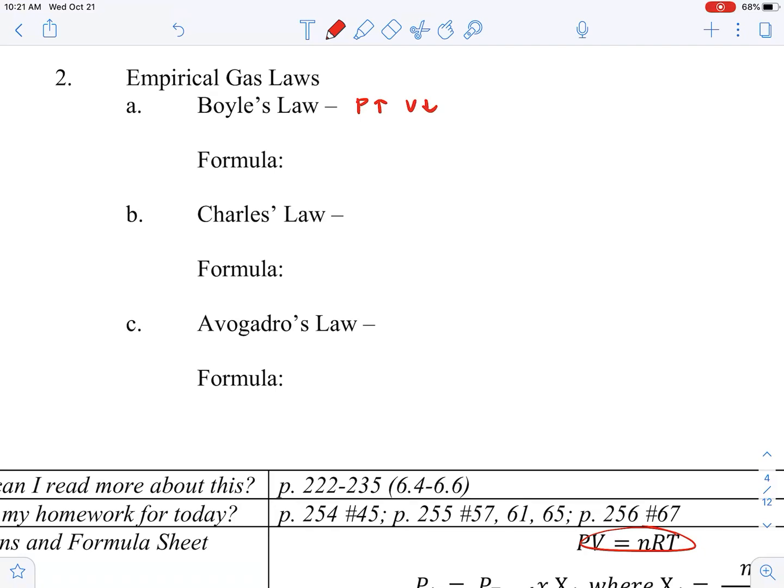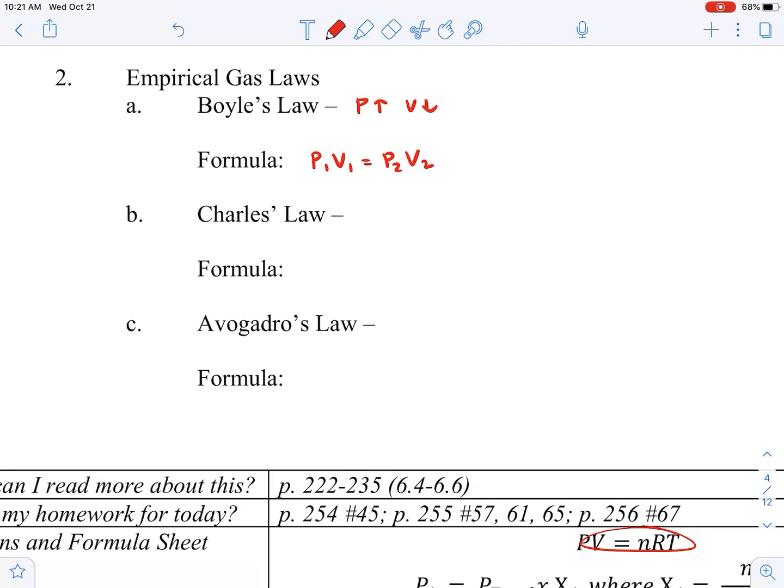Our formula, the one you learned in your last chem class, was probably P1 V1 equals P2 V2. The only key here is that our pressures both need to be in the same unit and our volumes need to be in the same unit. We couldn't use milliliters on one side and liters on the other side.